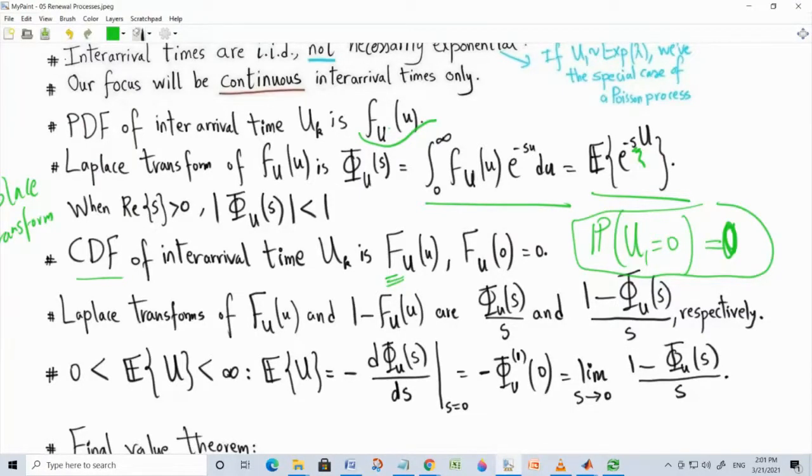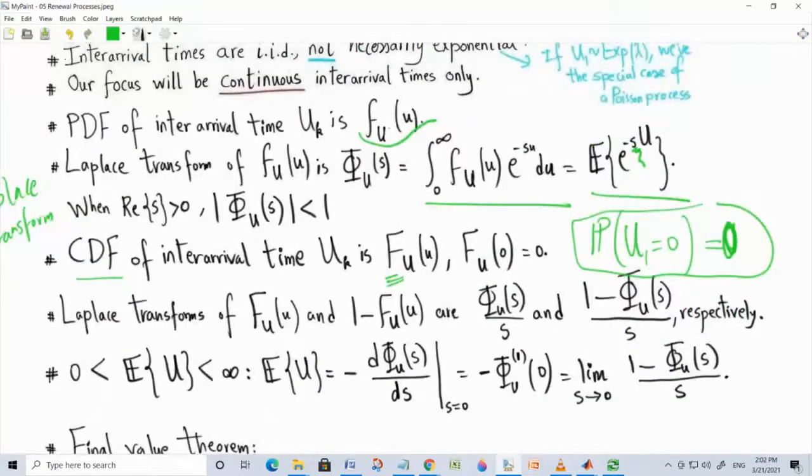So we do not allow an arrival that is followed by another arrival with a time difference equal to 0. So our point process or counting process is sometimes called simple, which means at an instant of time, with probability 1, we just have one arrival. We do not have 2 or more arrivals at the exact instant of time.